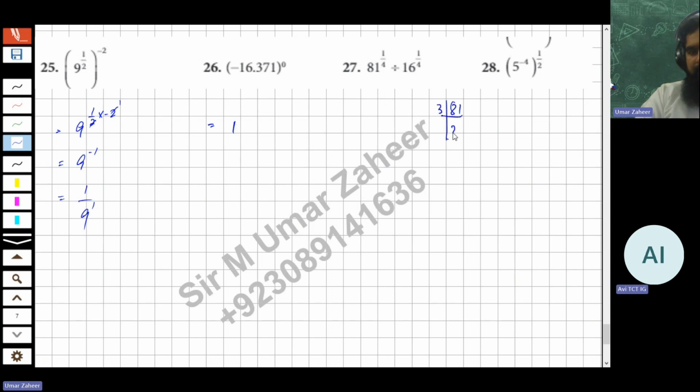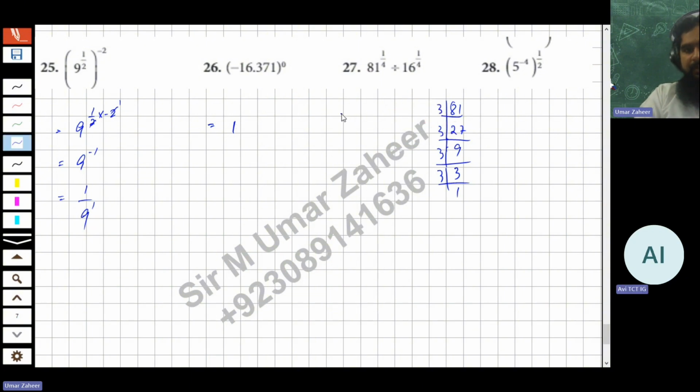It will be 3 times 3 is 9, 3 times 9 is 27, 3 times 27 is 81. First, we have to write the numerical value in the indices form, then we can solve the indices.